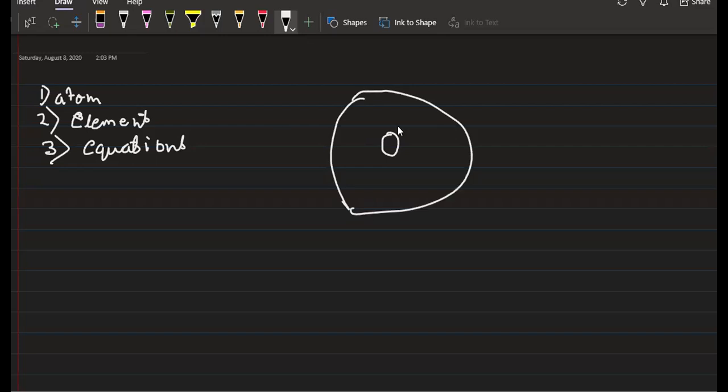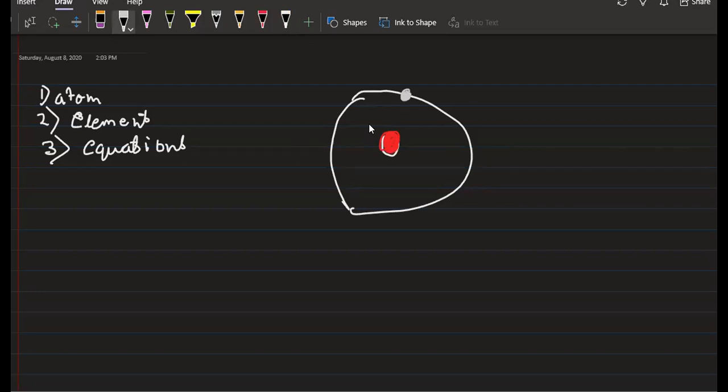This is what we assume. So we have one part at the center, and then there are some particles which rotate around this center, right?